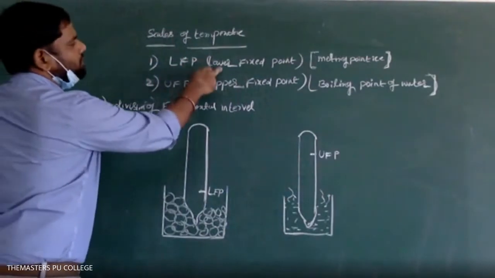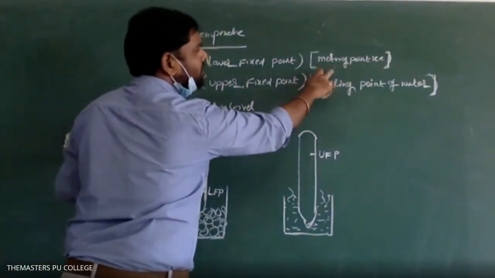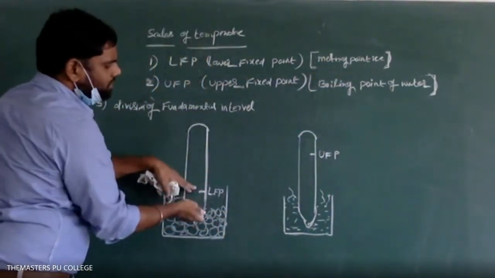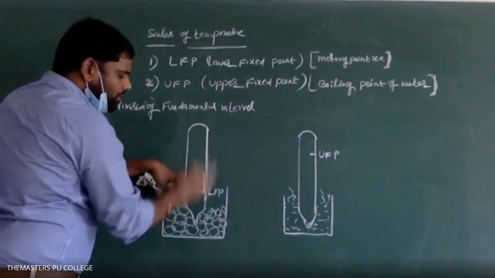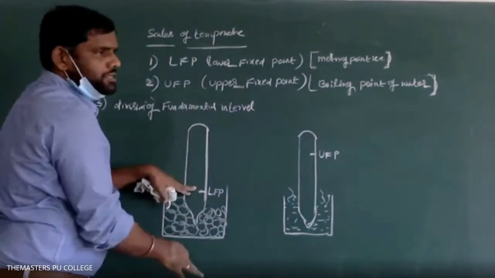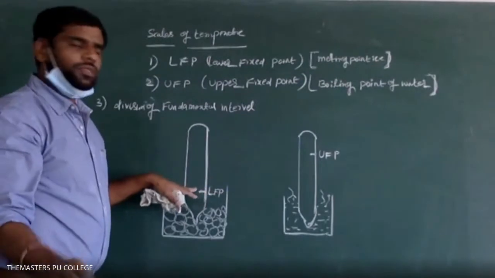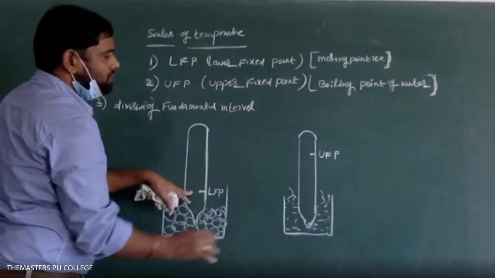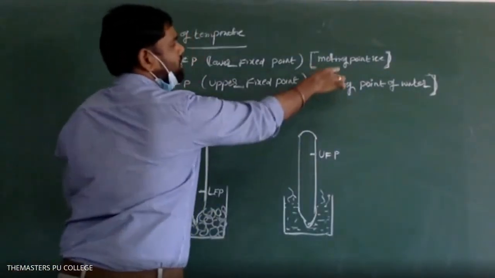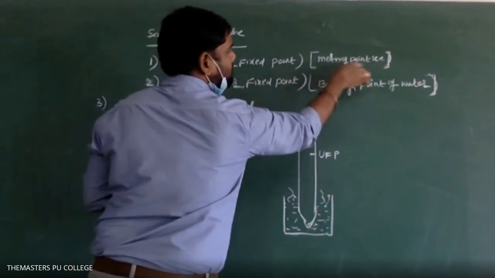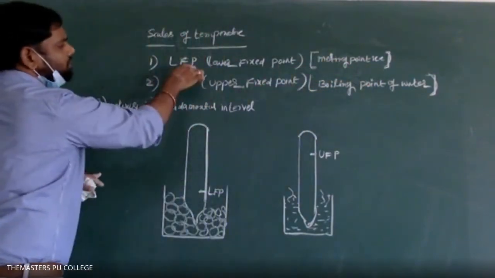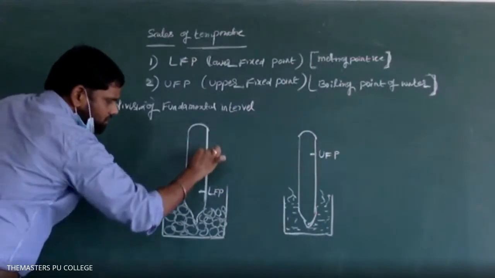Lower fixing point means generally you can take your own reference. There is no rule that the melting point of ice is the only lower fixing point. Such rules are not there. You can take any reference. Generally, the melting point of ice will be taken as the lower fixing point. For example, this is the thermometer.